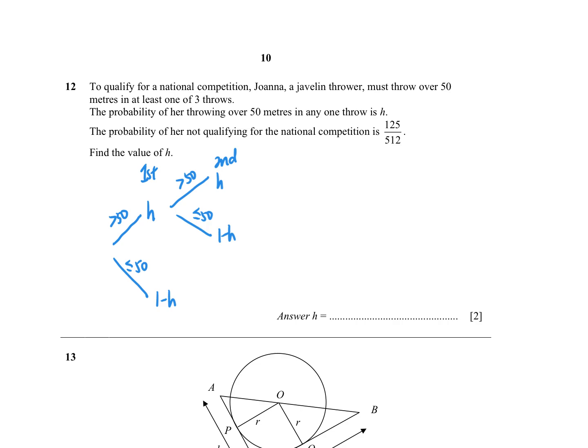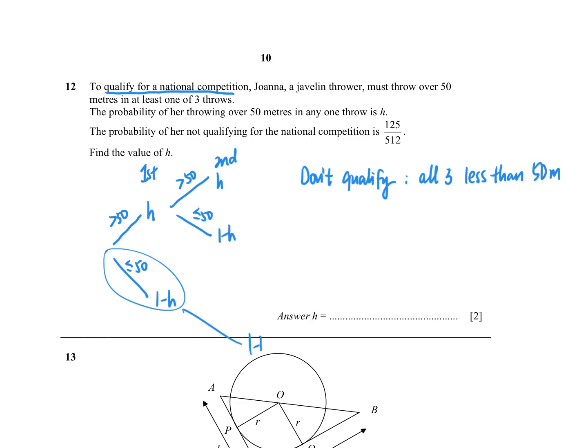It says to qualify, you need to throw over 50 in at least one. So if you don't qualify, it means all 3 throws. What is the circumstance that you don't qualify? All 3 less than the minimum. All 3 less than 50 meters. So it must be this. This is the only branch where it happens. So these are the 3 probabilities that you multiply together.